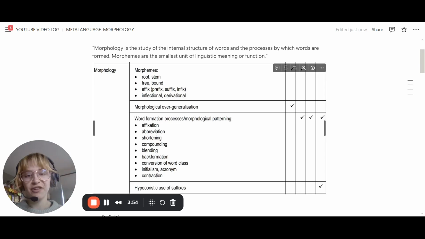So talking to my year 12s in particular here, if you're asked about morphological patterning and word formation processes, how are you going to remember that these ones here on the screen are morphological word formation processes, and the other, I think, 4 lexical word formation processes are not morphological patterning?